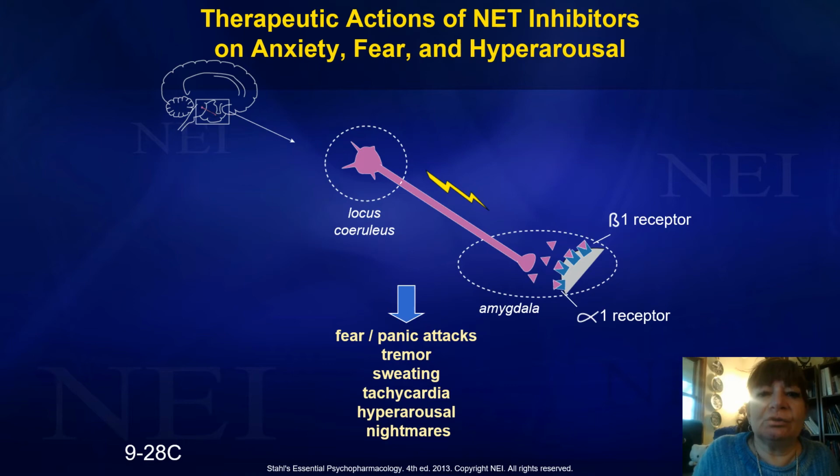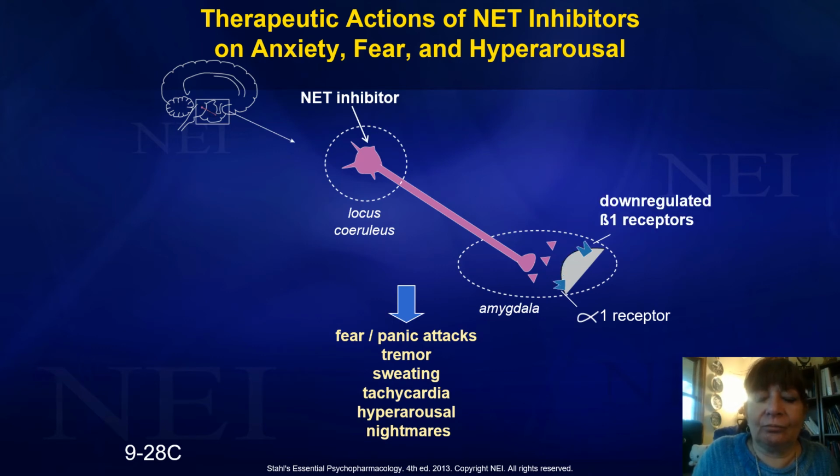That can have a downstream effect of downregulating the beta-1 adrenergic receptors. And reduced stimulation through the beta-1 adrenergic receptors could result in a reduction of anxiety. There you go.